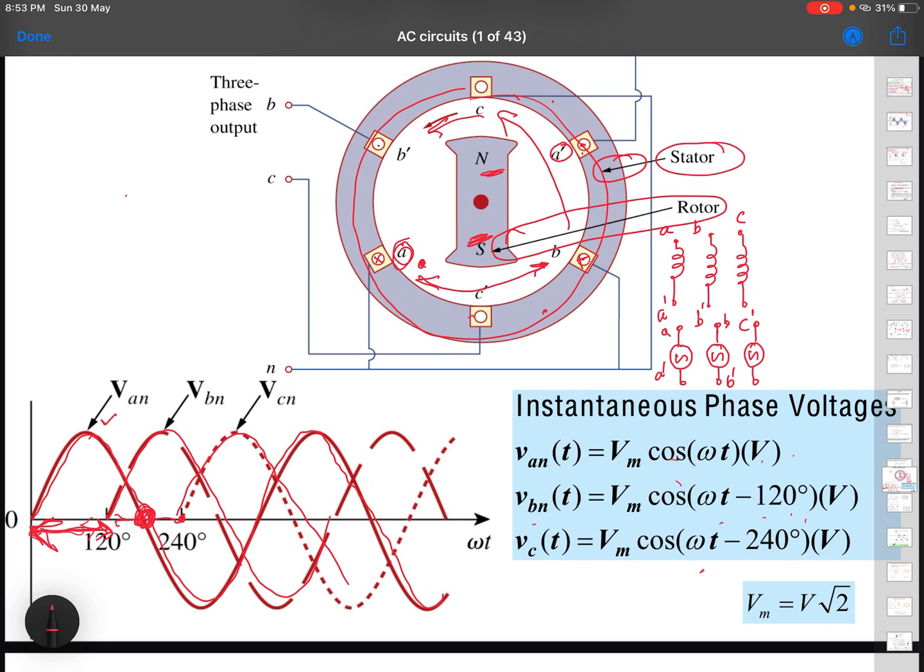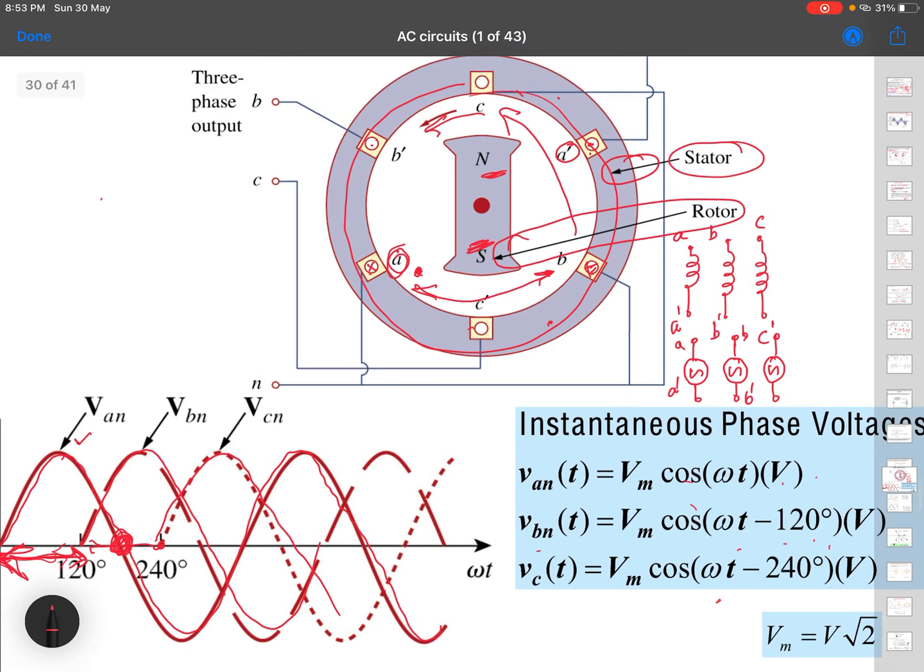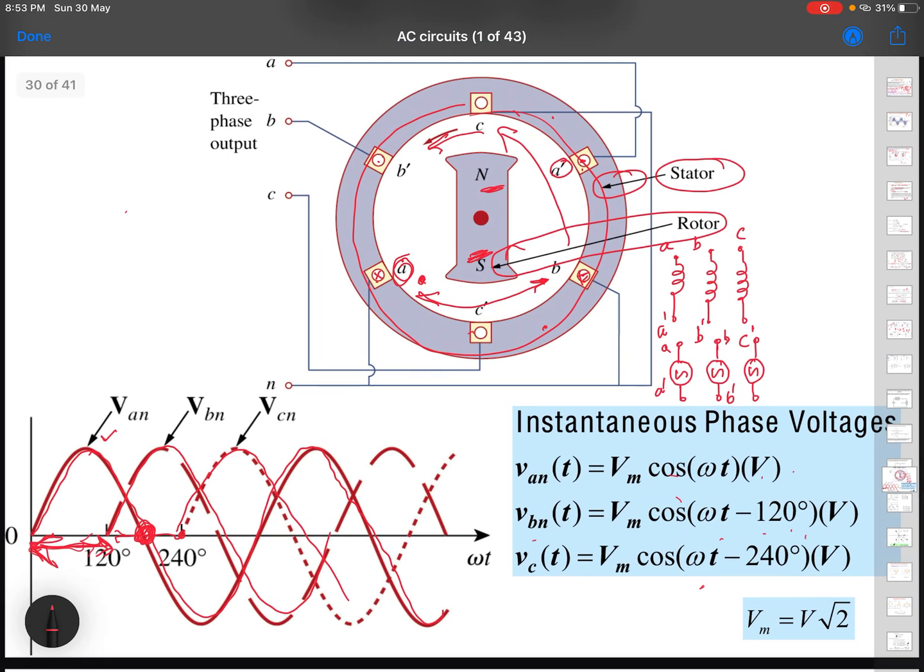So this torque is not uniform if you have only one coil. But if you place three coils exactly symmetrically, A, B, C, then the prime mover will see a constant torque applied to it. Otherwise, sometimes the torque will be maximum, sometimes zero, and that is not considered a good machine.